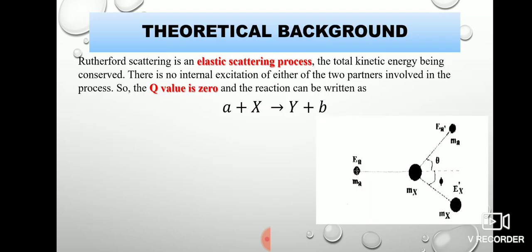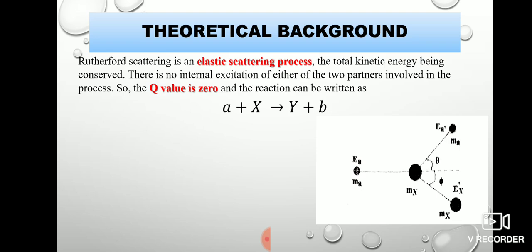So, considering the mathematical or theoretical background, Rutherford backscattering, or RBS, works on the principle of an elastic scattering process, where the total energy is conserved.